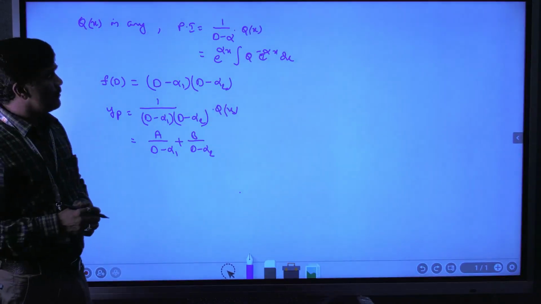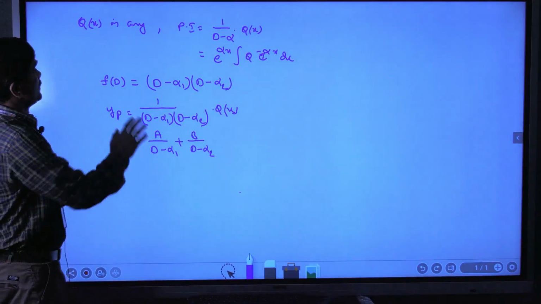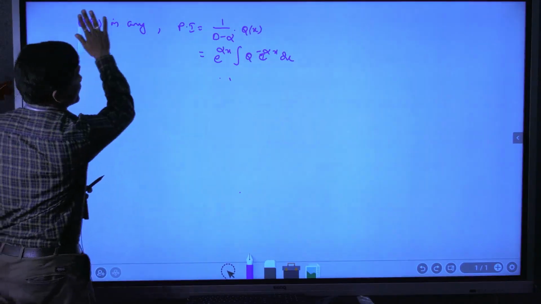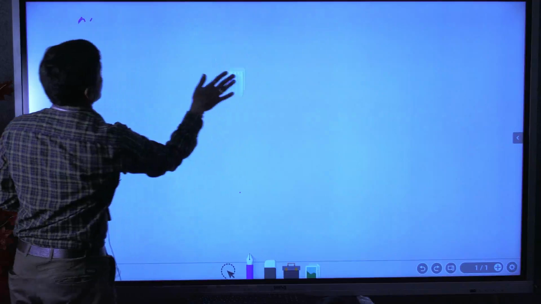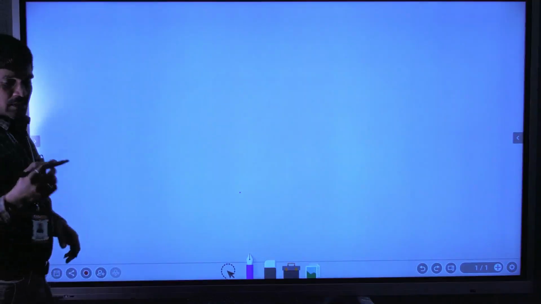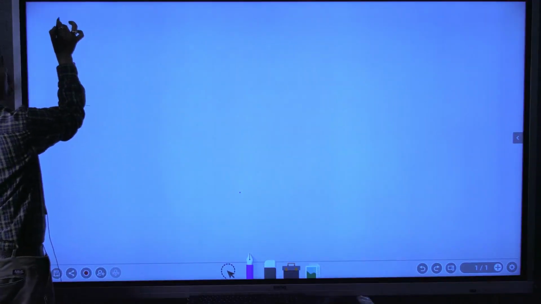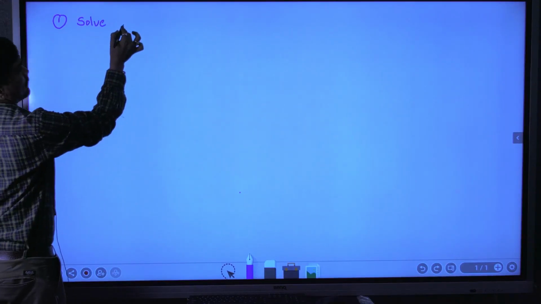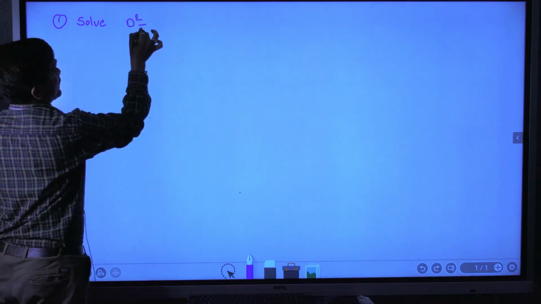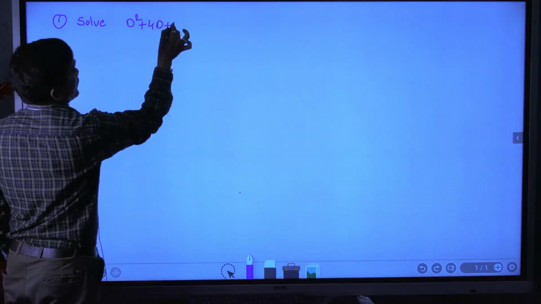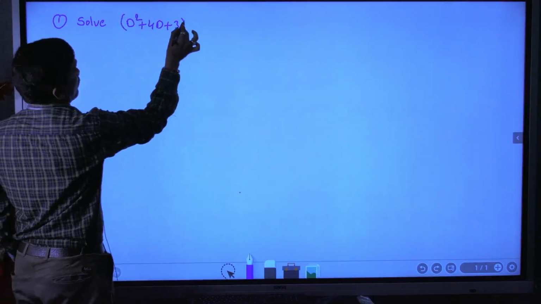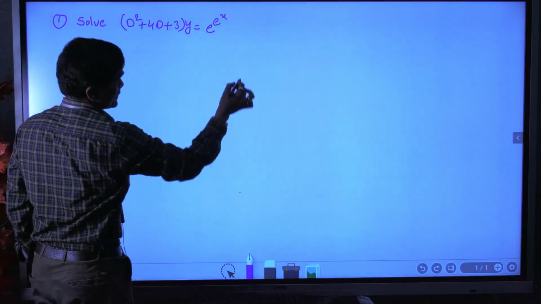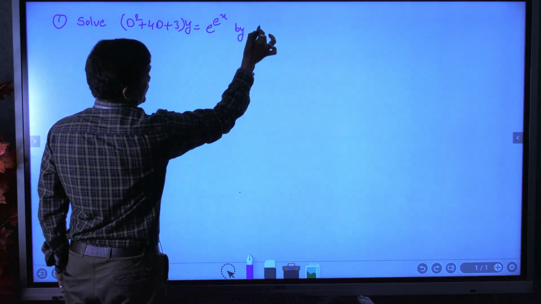Now we take one example. The example is: solve D square plus 4D plus 3 of y is equal to e power x by the general method.